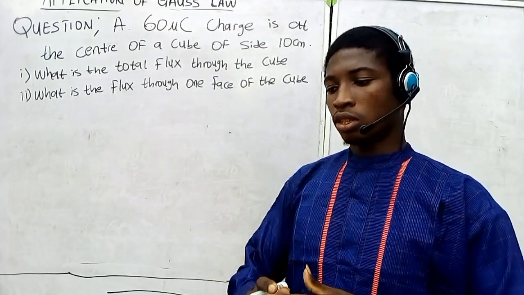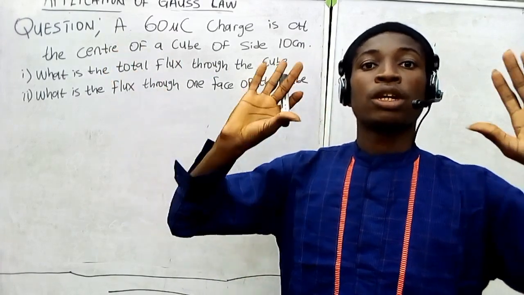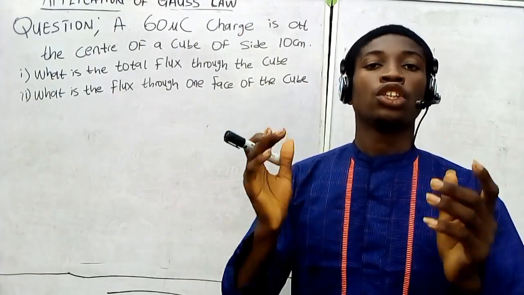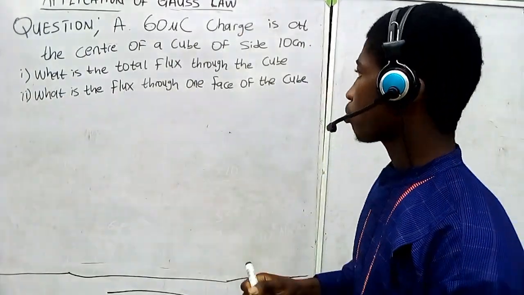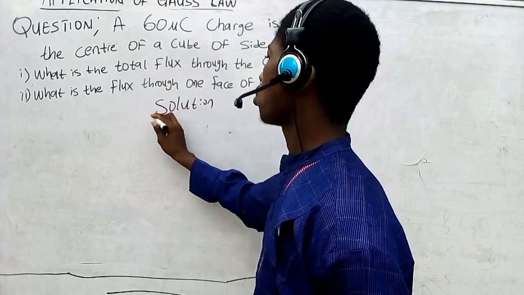Since the charge is at the center of the cube, it emits electric field symmetrically, equally, uniformly around the cube. So the solution for this problem is this.